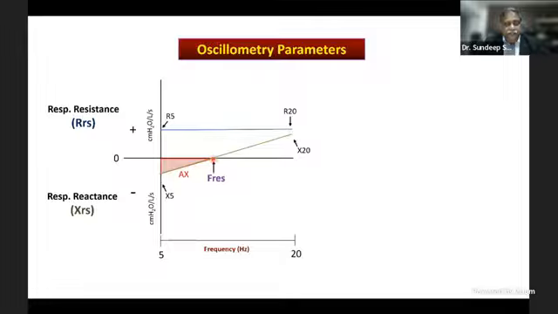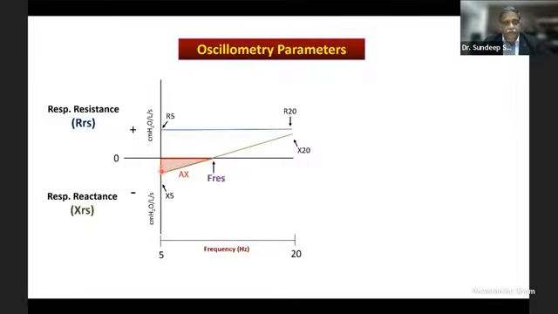It reaches a point where the reactance is 0, and this point is called the resonant frequency. After the resonant frequency, it becomes a positive number. Very interesting. The portion of the reactance before the resonant frequency is your elastance, and after the resonant frequency is your inertance.